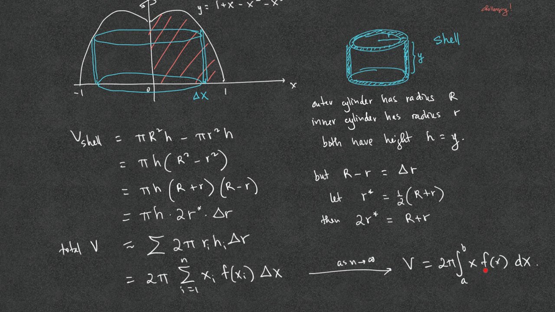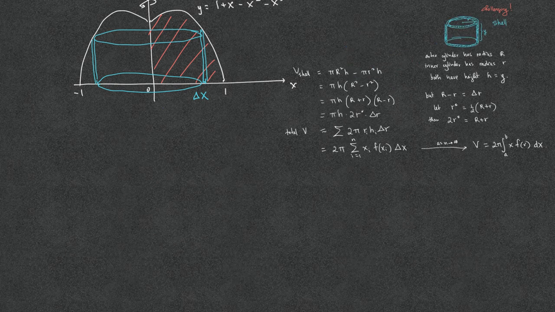This is the volume by cylindrical shells method. And so the volume by cylindrical shells is the volume equals 2 pi, the integral from a to b of the radius times the height of the shell times the thickness.